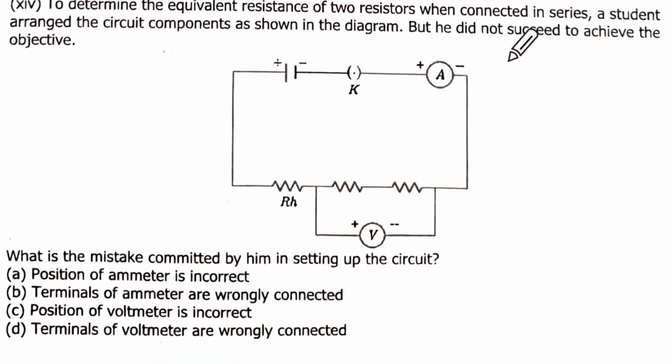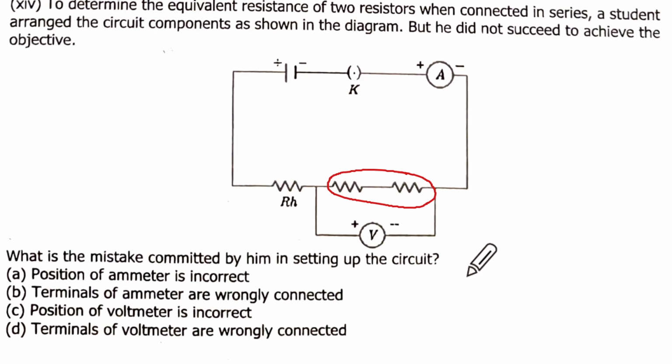Determine the equivalent resistance of the two resistors which are connected in series. So this is what we have to find. A student arranged the circuit components as shown in the diagram, but he did not succeed in achieving the objective. What has he done? The ammeter should be towards the positive.